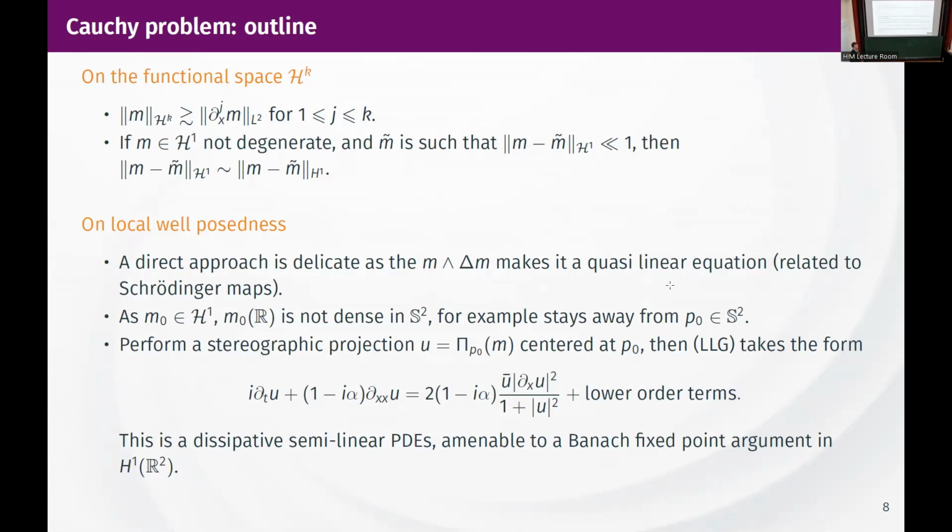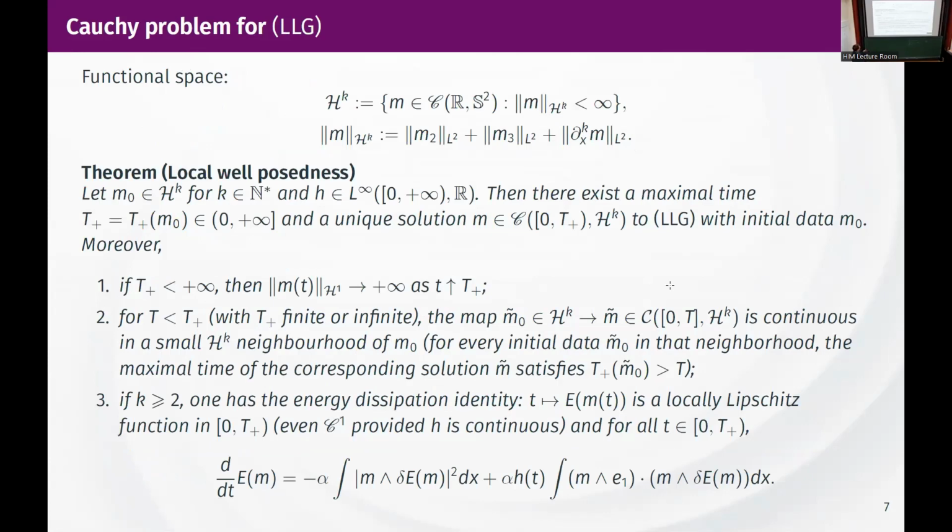Which space do you use to solve that? We didn't write it. Really, Kato first did this, but you can do it in H1. Which energy is dissipative? Sorry? Like all these H^k norms are. No, I think you could write an equation for the higher order things, but you will have inequalities, not as nice.